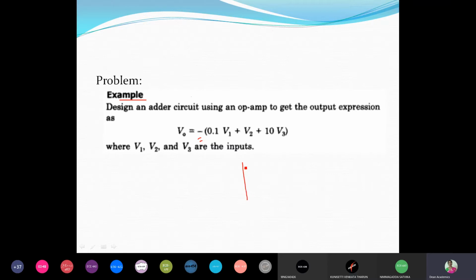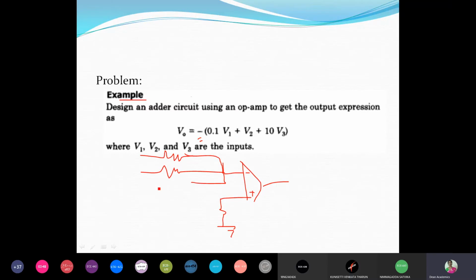So what you have to do first, you have to draw the circuit. All of you, please draw the circuit here. The non-inverting input terminal is grounded, and at the inverting input terminal, you draw three resistors, right? Because V1, V2, V3, three voltage sources are there, three inputs are there.